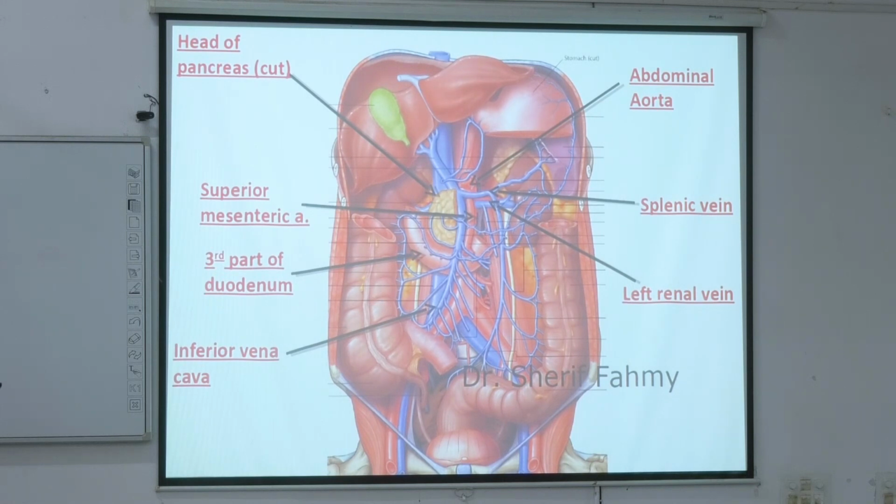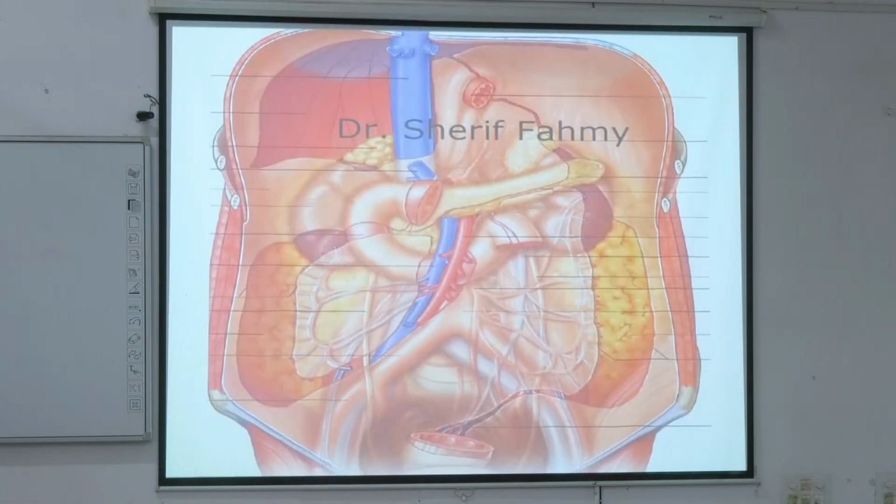Also the pancreas; the head has been kept, but the rest of the part has been cut. Next, the relation has been shown. This is the superior mesenteric vessels, pancreas, third part of duodenum, and these are forming the mesentery.